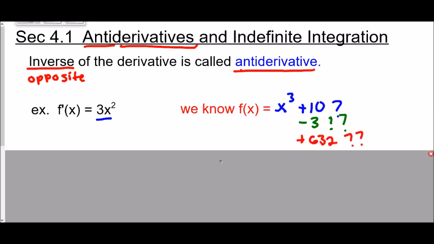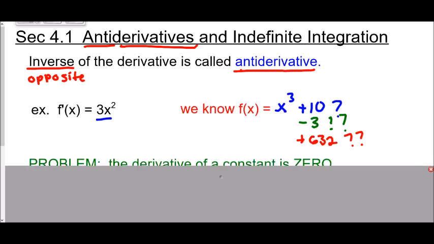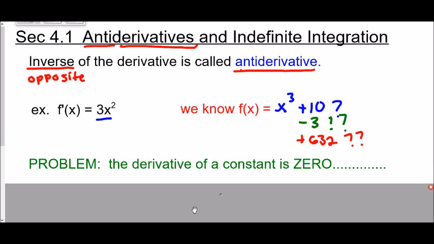We don't know between the 3 of these. It could be literally any number on the end, because our problem is that the derivative of a constant is 0. So when we're working backwards, we don't know if there is a number on the end, and if there is, what that number is. There could have been no number, or it could be literally anything, positive, negative, huge, small. We have no idea.